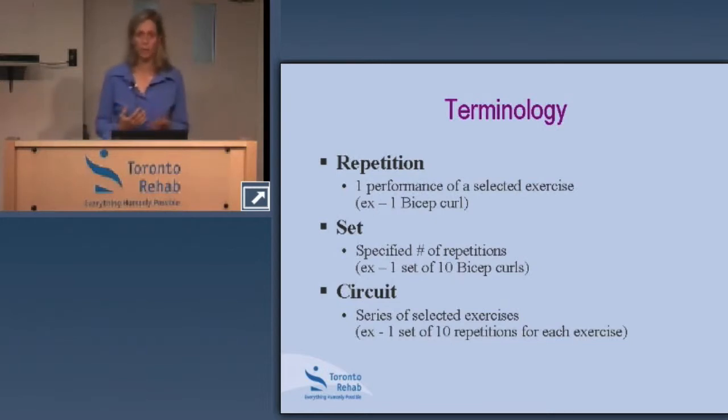We will be prescribing to you at the beginning of the program 10 repetitions of each exercise. 10 repetitions will be 1 set. A circuit is a series of selected exercises, so you'll do 1 set of each exercise, make your way down to the last exercise. Once you finish that, you've completed a circuit.